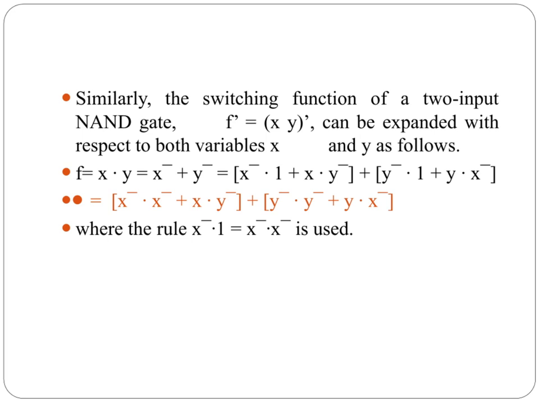Notice that we apply the rule where the complement of x times 1 equals the complement of x times itself. This helps simplify the expression and makes the logic behind the NAND gate more clear. Understanding this expansion is key to analyzing and designing digital circuits effectively.